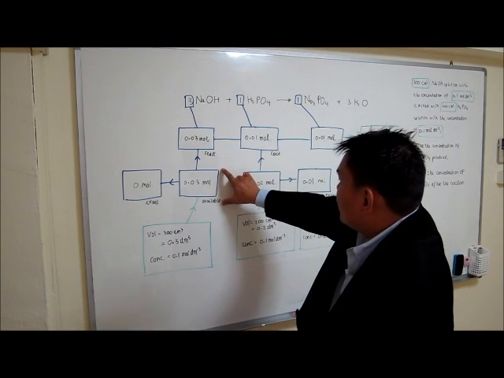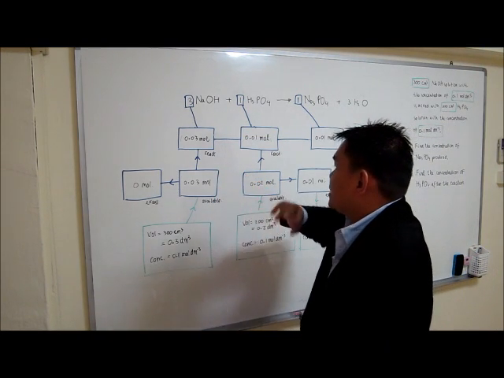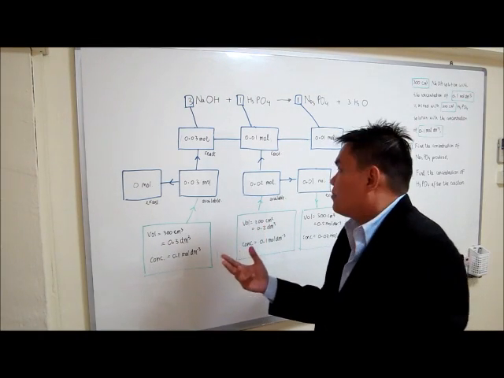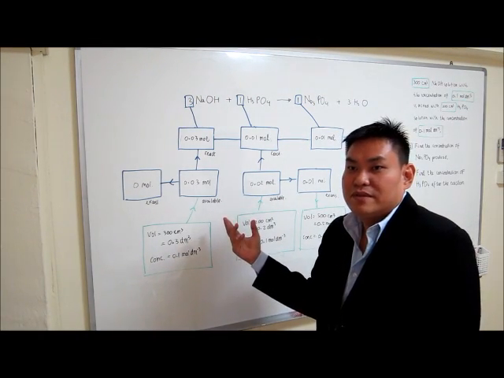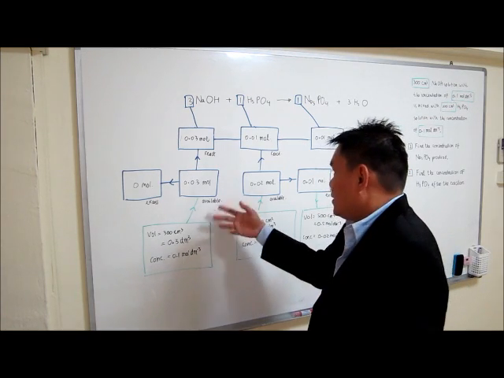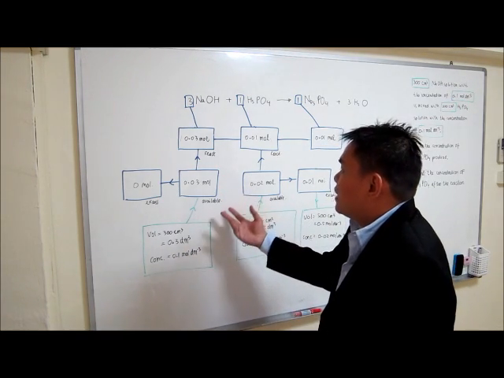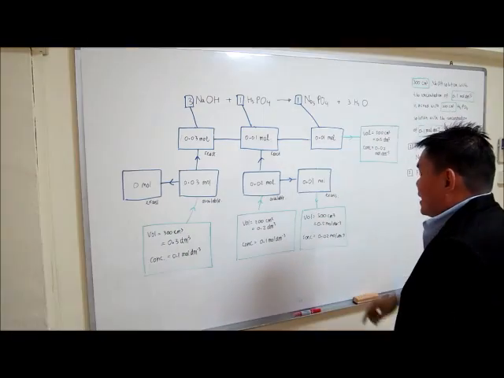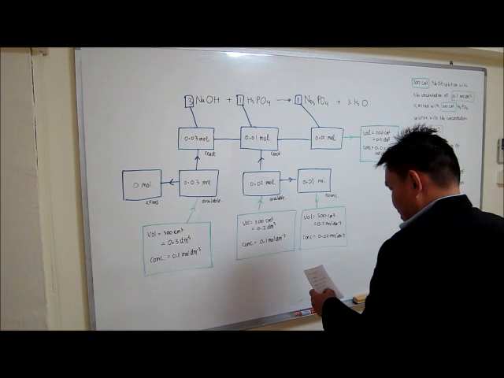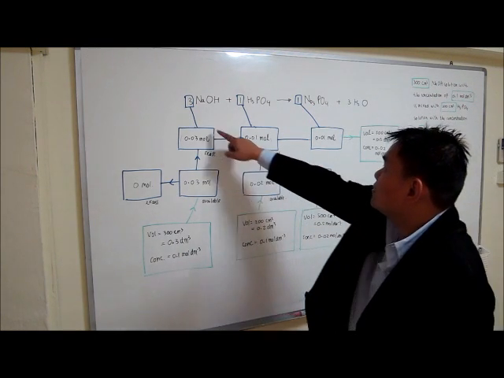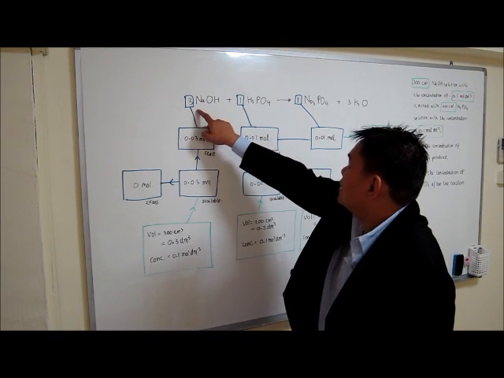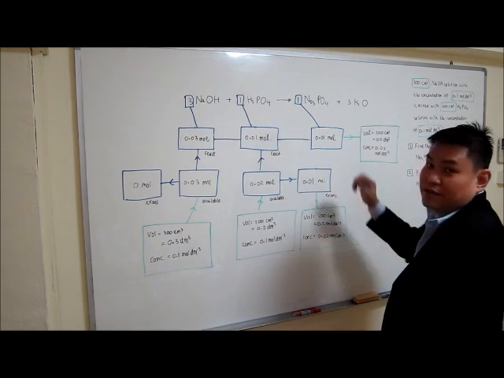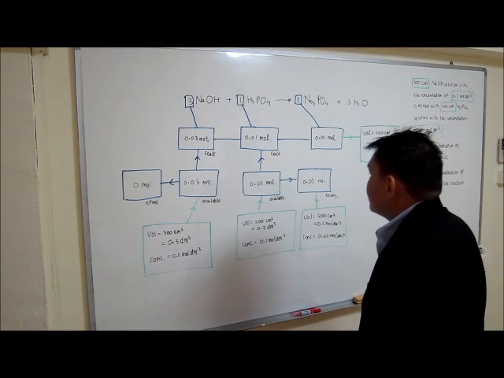Then when you calculate the mole of a certain substance, remember that you must ask yourself whether the number of mole that you calculate is the one that is available, or the one that reacts, or the one that is in excess. Another thing you must remember is you're going to follow the mole ratio from the equation, from balancing the equation.